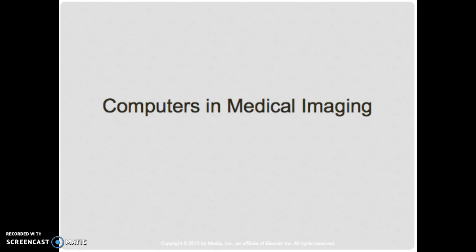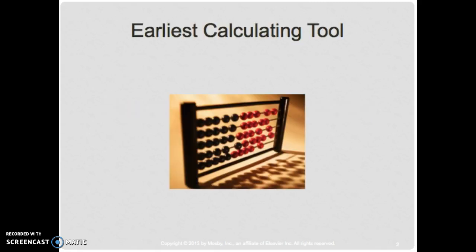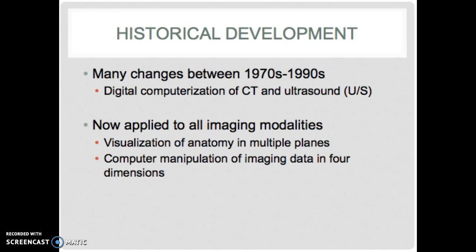So with computers and medical imaging, there are many things that have changed over the years. Between 1970 and the 1990s, digital computerization of CT and ultrasound made huge advancements within diagnostic radiology.